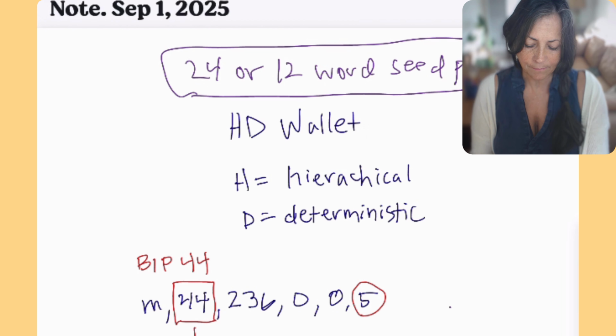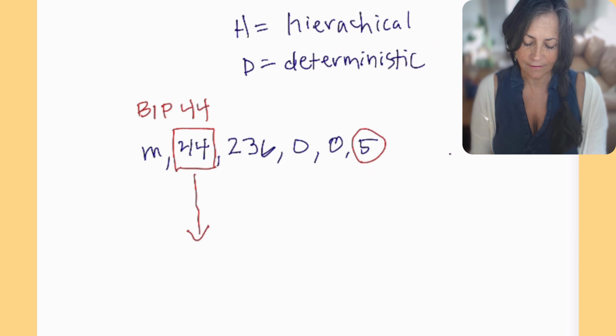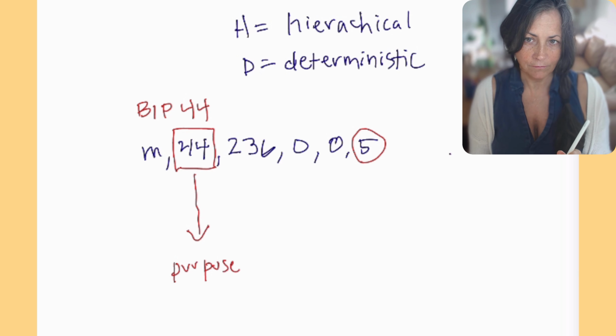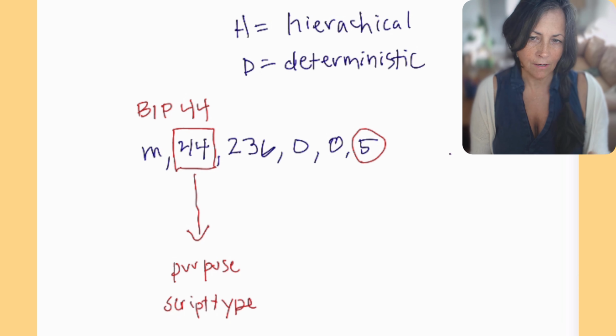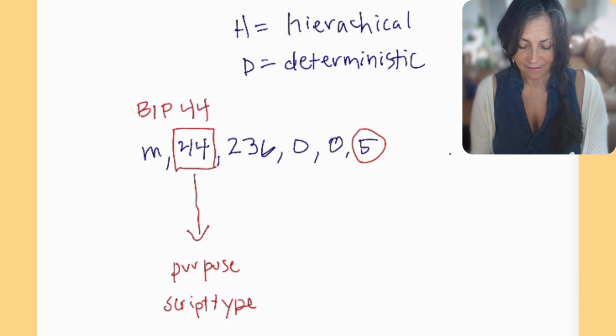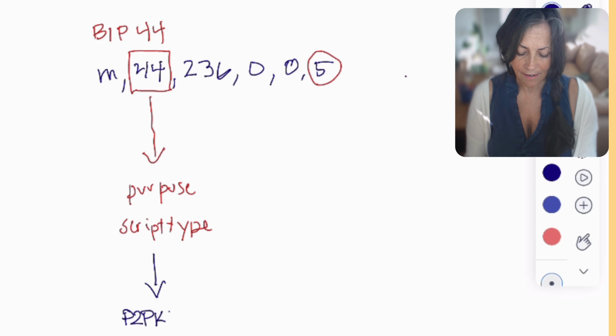Okay, so to further explain this, it refers to the purpose, but also, and this is important later, it refers to the script type. So that means, how are we building this transaction? And in BIP-44, it is P2PKH.